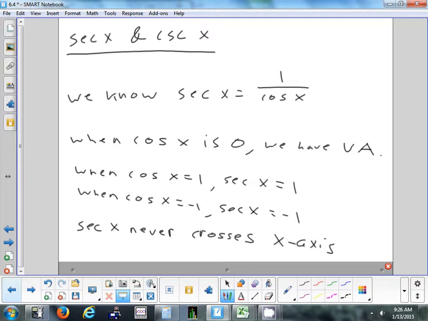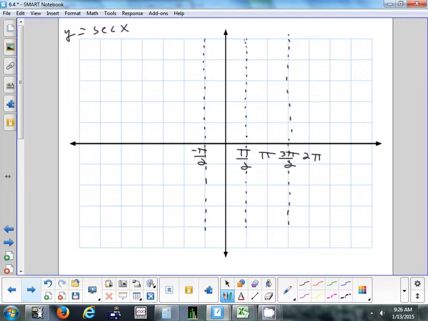Okay, how did I get them? Think of values that make cosine 0. 90, pi over 2. That makes cosine 0. 270, or 3 pi over 2. That makes cosine 0. Once I have two asymptotes, now I know the distance between them. I can just keep making as many asymptotes as I want. Just keep that distance consistent.